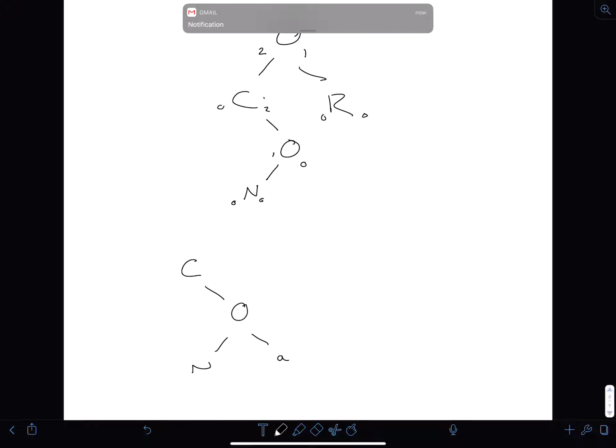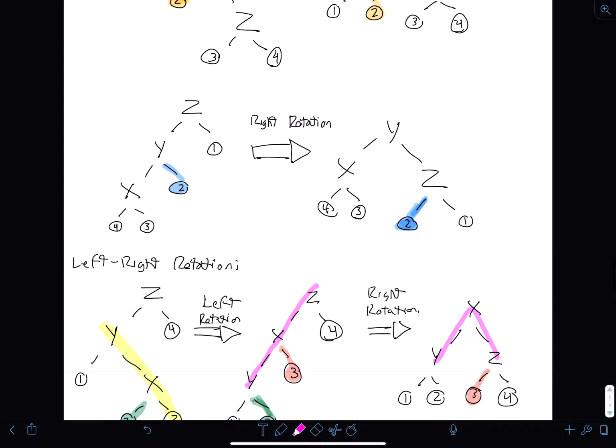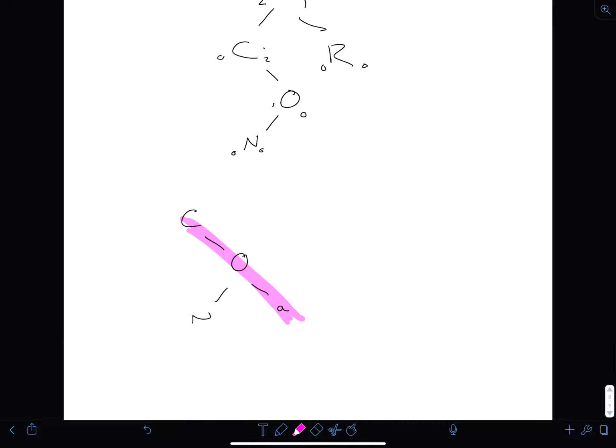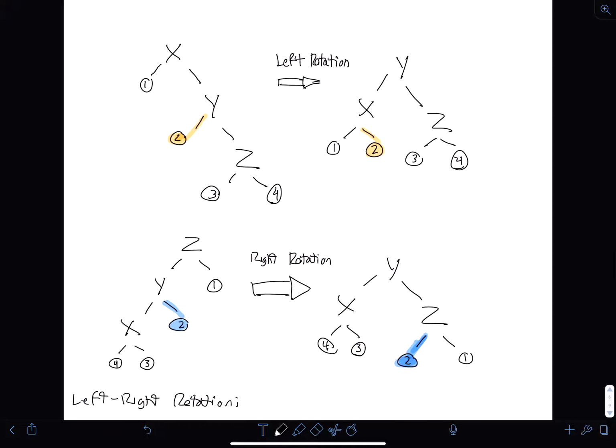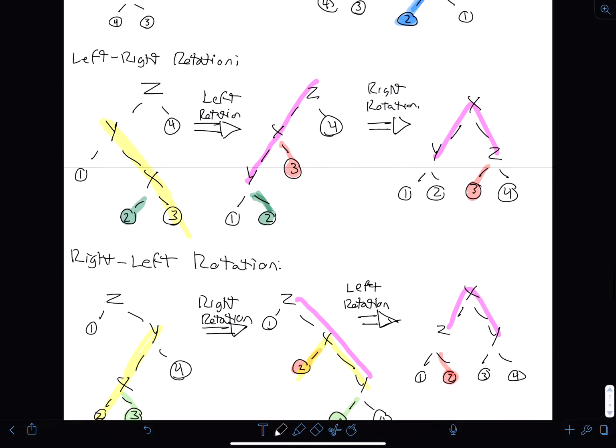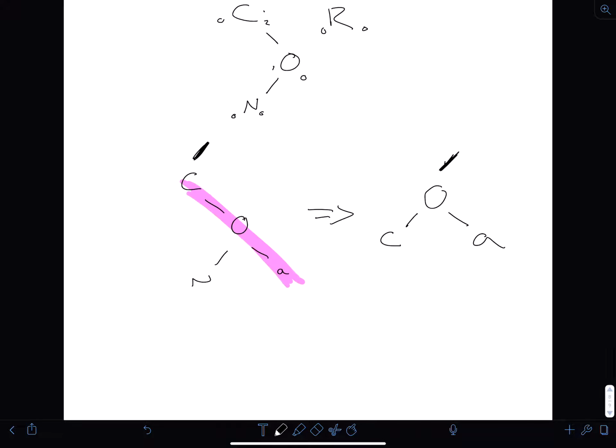So now it looks more like a proper left rotation, as you can see there. And of course, this is hanging from something, but whatever that is, it's still going to be hanging from there. But now instead of the C, it's the O, right? And then we have the A here, and then the child. So which child is that over here? That is child number 2, which ends up there, right? So child number 2 ends up here.